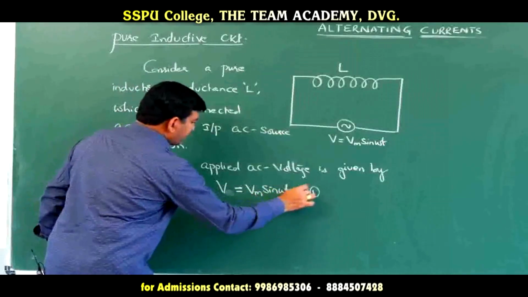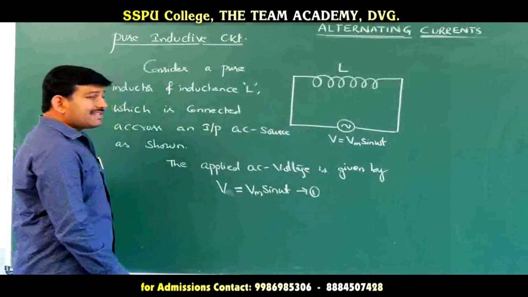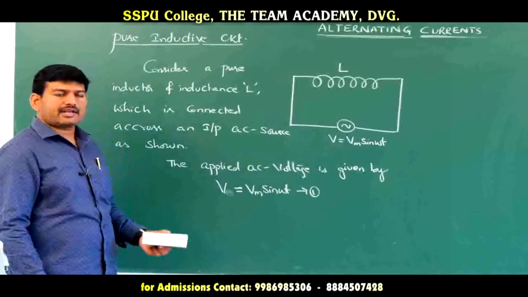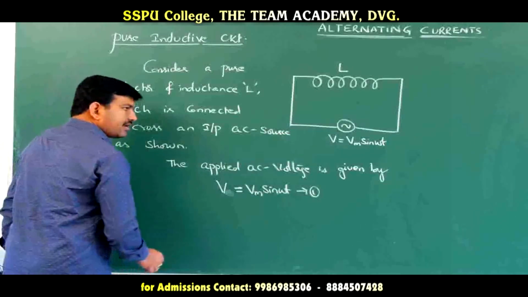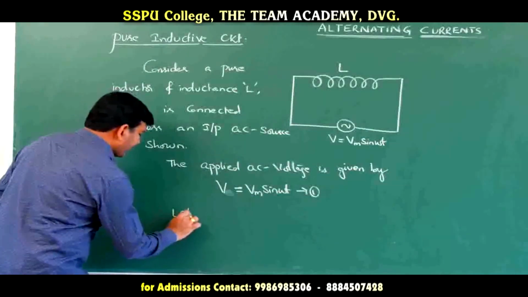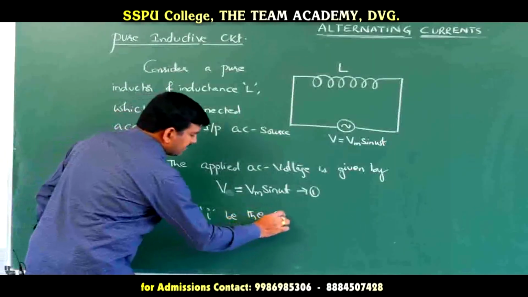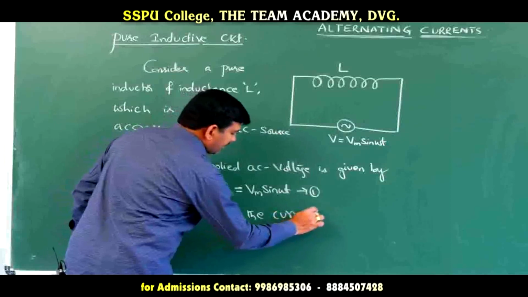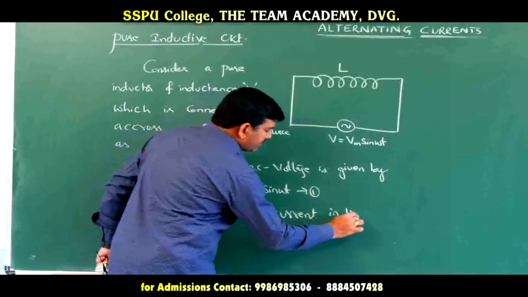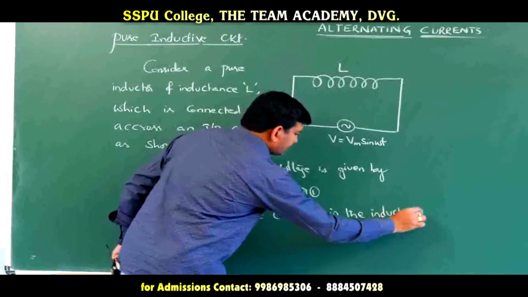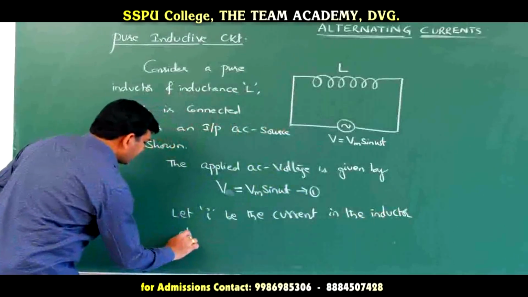Take it as equation number 1. Let I be the current in the inductor at a particular instant of time, or I is the arbitrary current in the inductor at a particular instant of time. Let I be the current in the inductor at some instant.